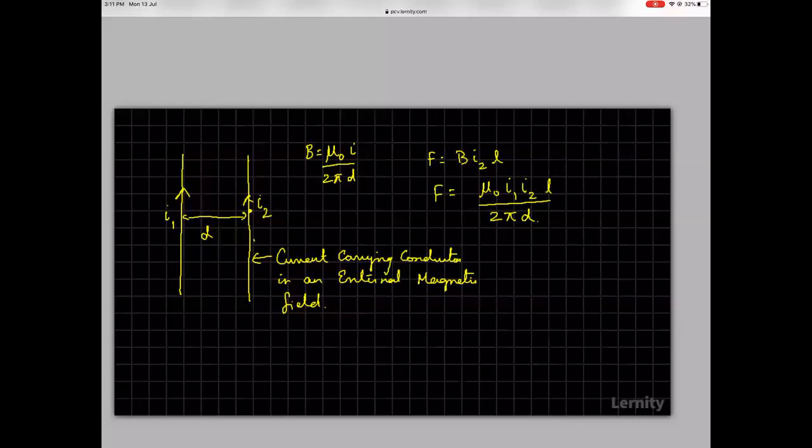What will be the direction of the force? Magnetic field will be into the plane. If I apply my right hand rule, the force will be in this direction. If I call this wire 1 and this wire 2, this is the force on 2 because of 1. Now if you check on this wire also, there will be a force, and that is the force on 1 because of 2.